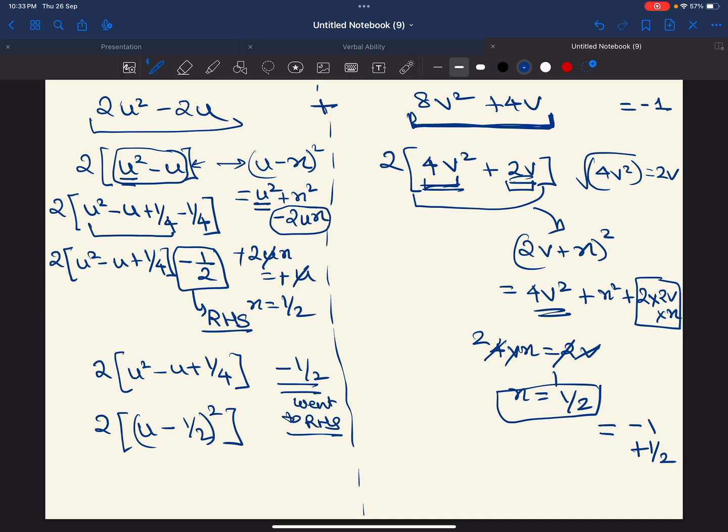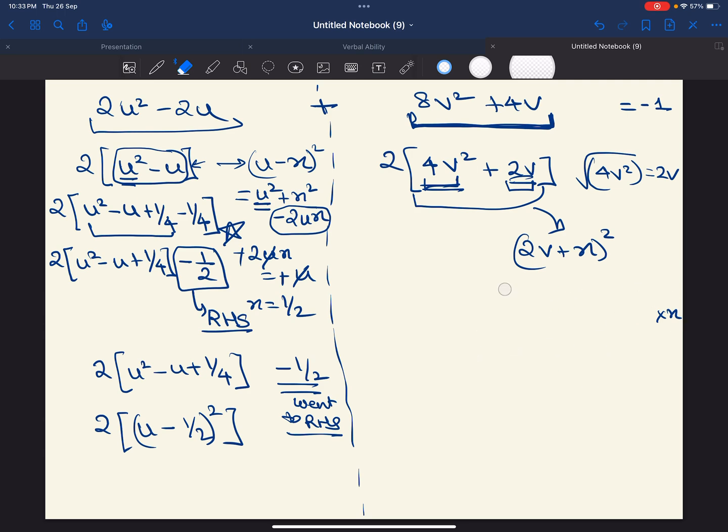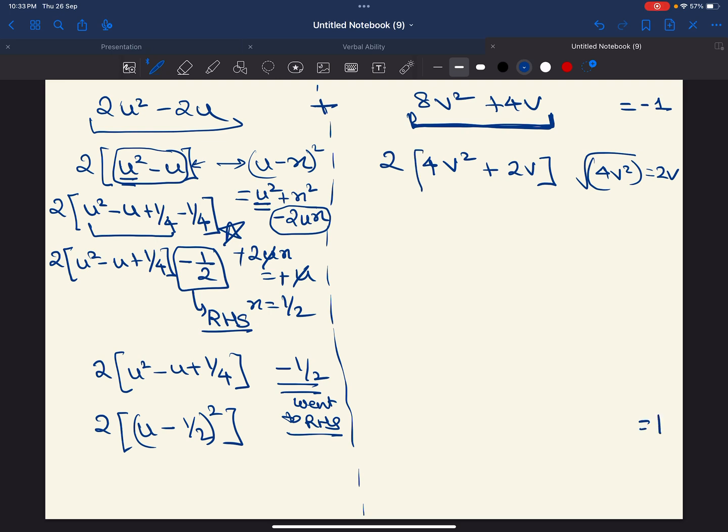Now we make the same adjustment that we did here. Okay, I'll just rub this off. What adjustment do we make? Here it was 1 minus 1 plus 1 by 2.